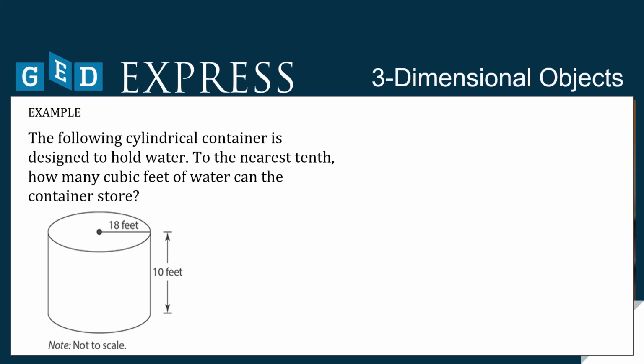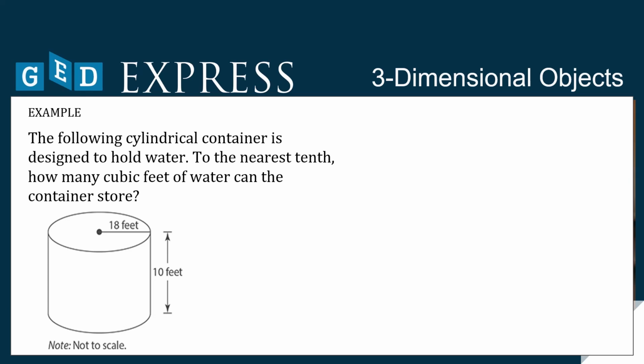First example. The following cylindrical container is designed to hold water. To the nearest tenth, how many cubic feet of water can the container store? The amount the container can hold is the volume of the cylinder.